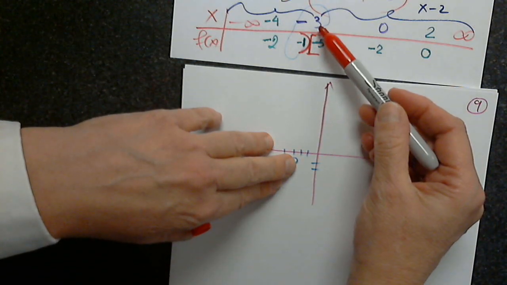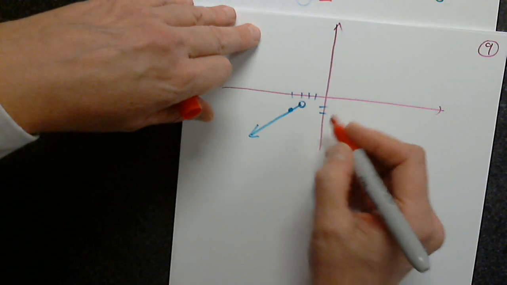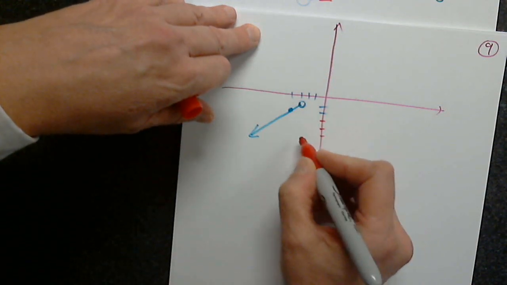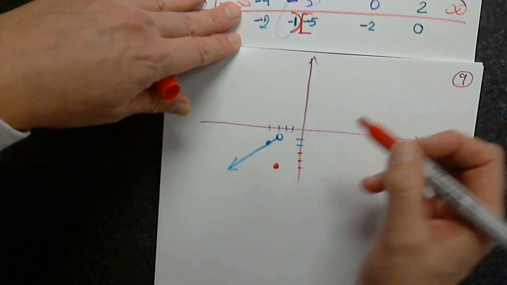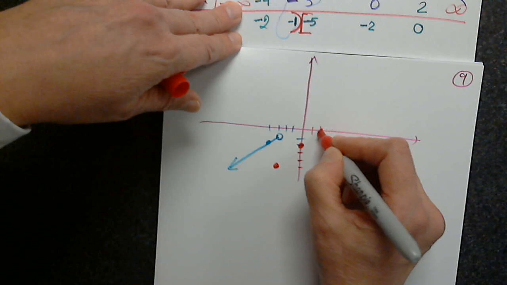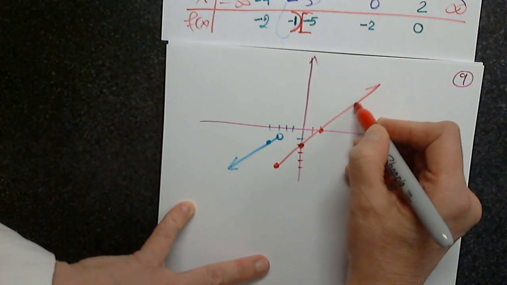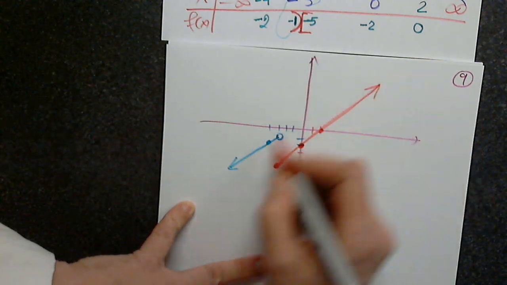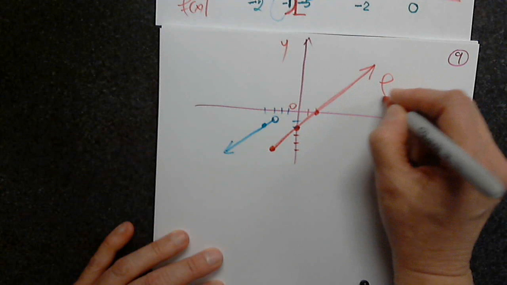The next ordered pair would be, what type of point will be -3, -5? It will be a closed point. The next ordered pair, 0, -2, it's right here. And the next ordered pair is 2, 0, it's right here. And this is the other piece. And this is function f of x.